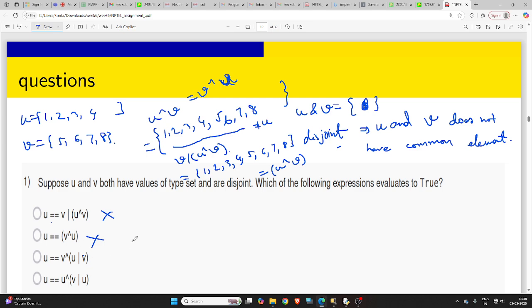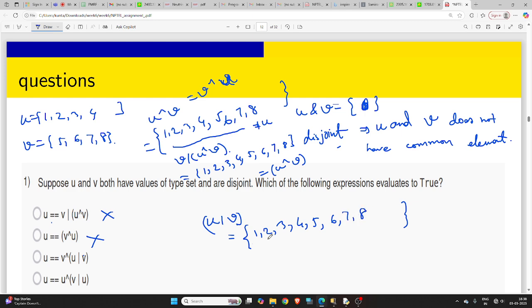Now coming to the third option, U equals to V exclusive or U and V. Okay, so now at the very first, U and V union I will have. So what will be U and V union? The union will be like 1, 2, 3, 4, 5, 6, 7, 8.